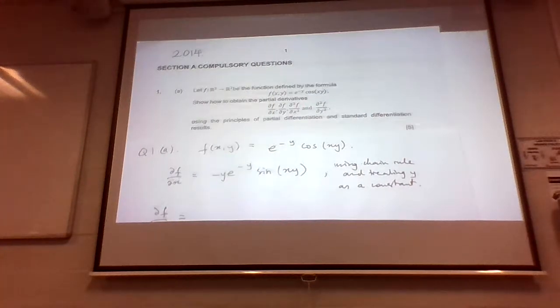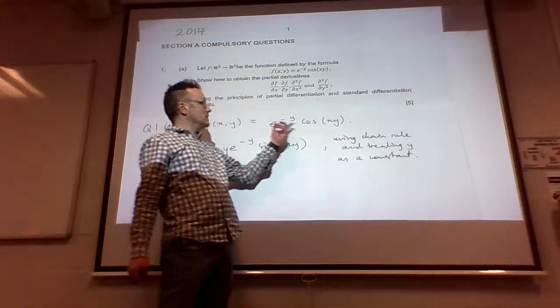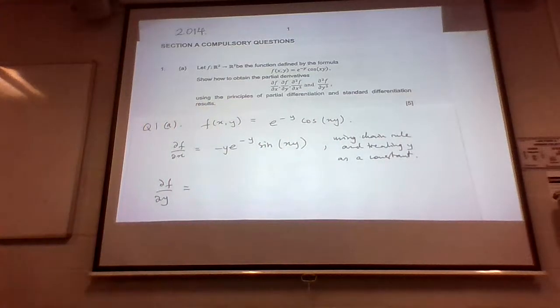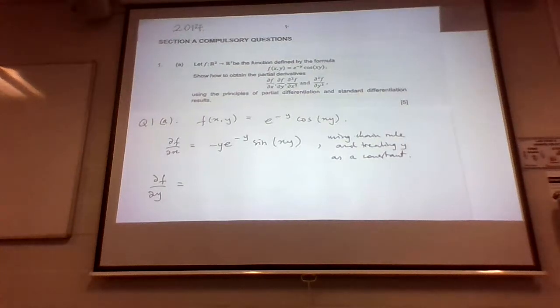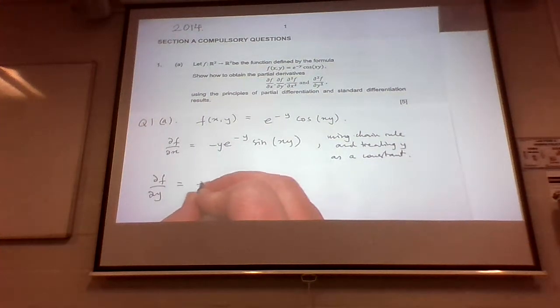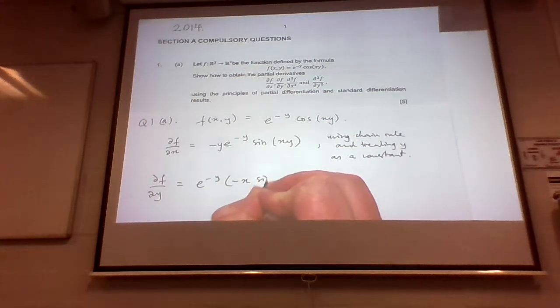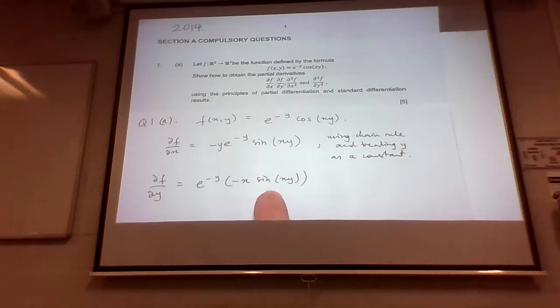Well, df dy is a little bit harder because, okay, we're treating x as a constant, but then when we look at this, we see it's a product of 2 parts, each of which depend on y. So that's going to require the product rule of differentiation. So first of all, we hold one of the factors the same and multiply by the derivative of the other one, which will give us minus x times the sine of xy, because we've differentiated with respect to y.